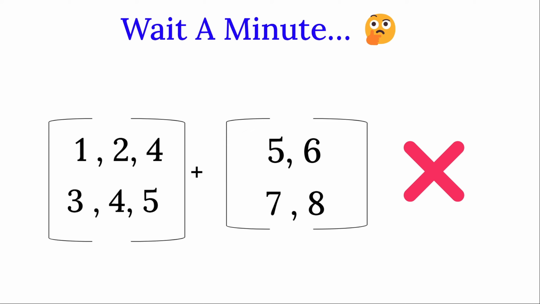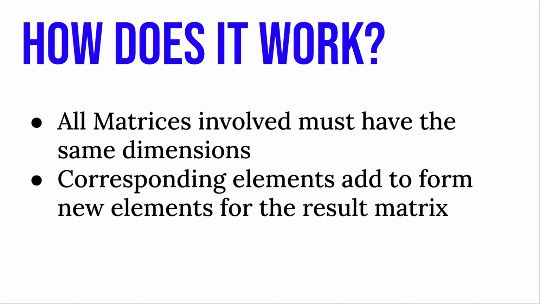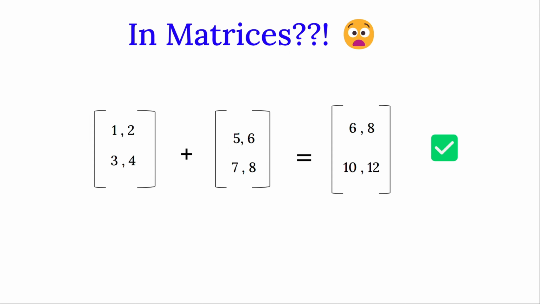But here they don't, so the addition can't even take place. That brings us to the two ground rules for matrix addition. The first one is all matrices involved must have the same dimensions. Oh, I know I've said it like 3 times. All matrices involved in the addition must have the same dimensions, and corresponding elements must add to form the new element for the result matrix, just like we had in the first example.